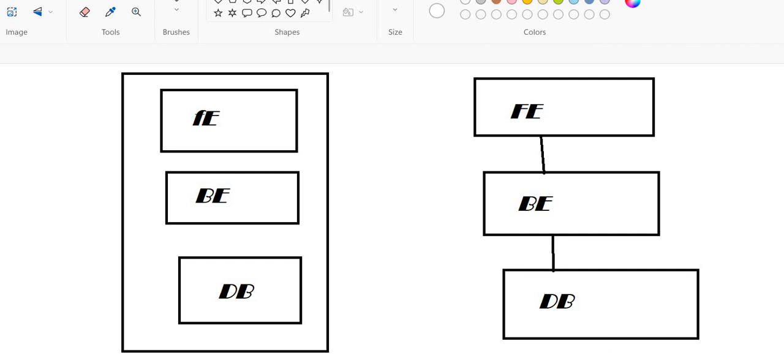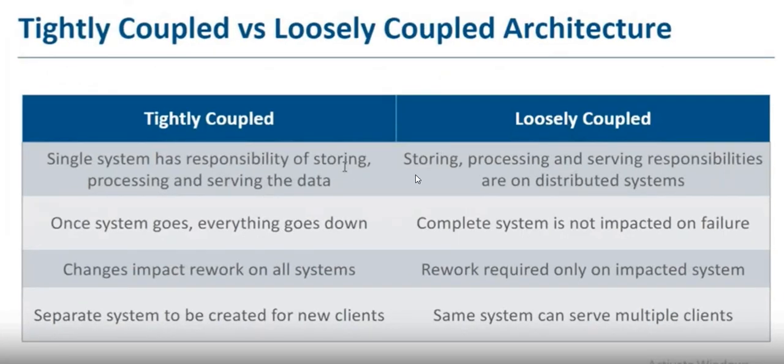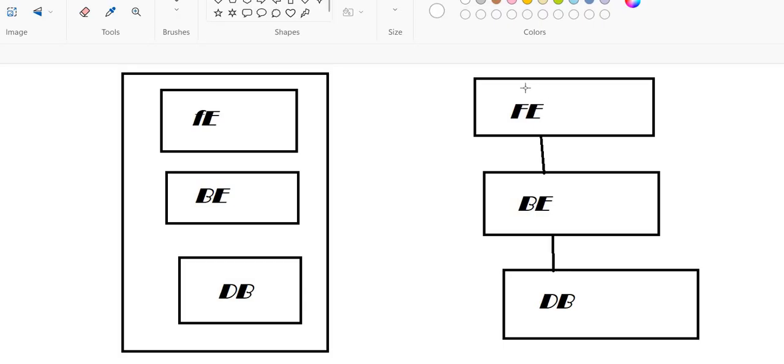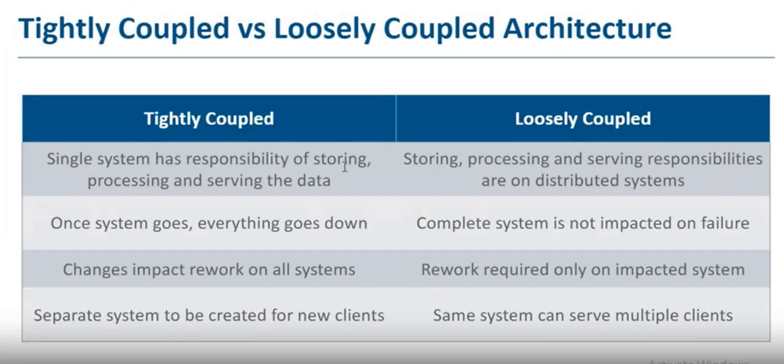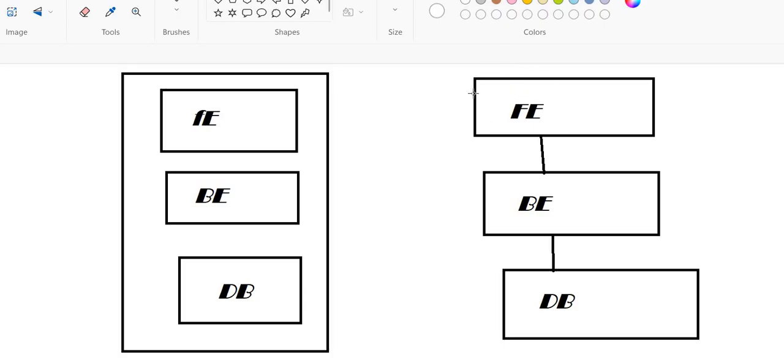While coming to loosely coupled architecture, what happens is storing data, processing data, and serving data responsibilities are distributed across the system. Means all these responsibilities are distributed. See here, storing data is the database, processing data is the backend, and serving data is the front end.